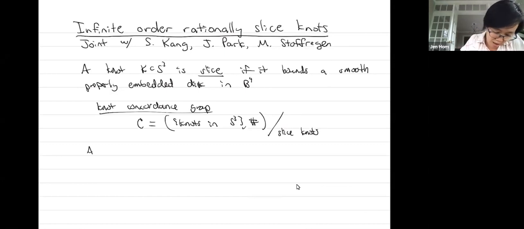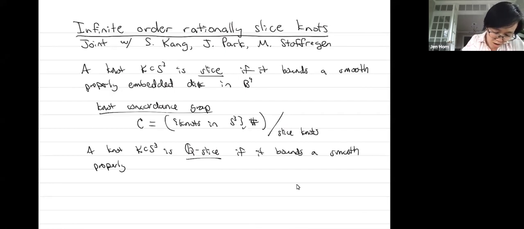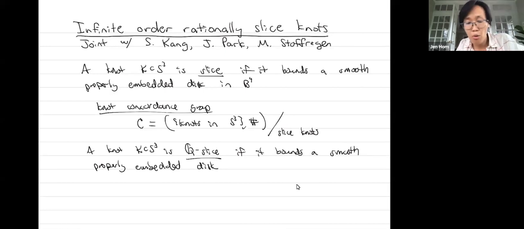So we say that a knot K in the 3-sphere is rationally sliced, which I'll denote Q slice, if it bounds a smooth, properly embedded disk, not in B4, but now in a 4-manifold with the same rational homology as before. So in a rational homology B4.